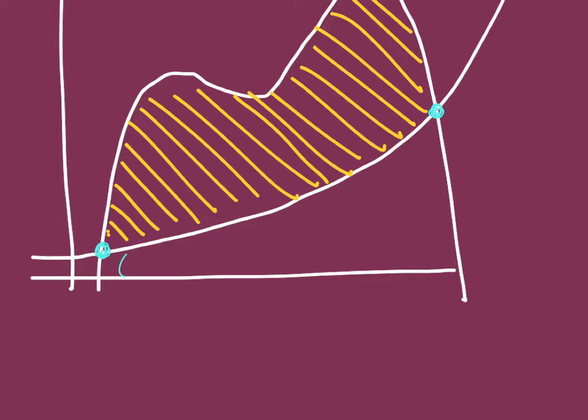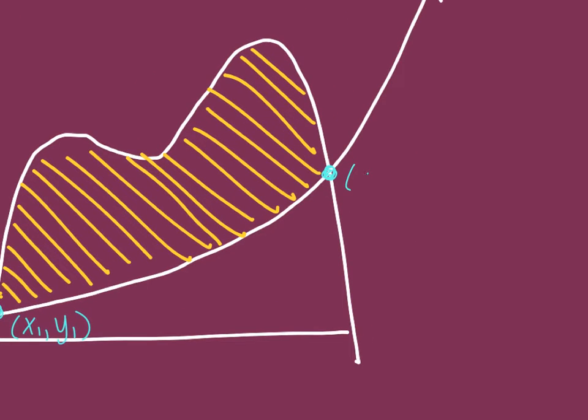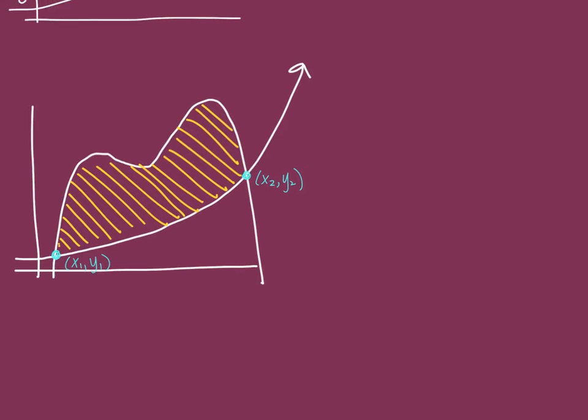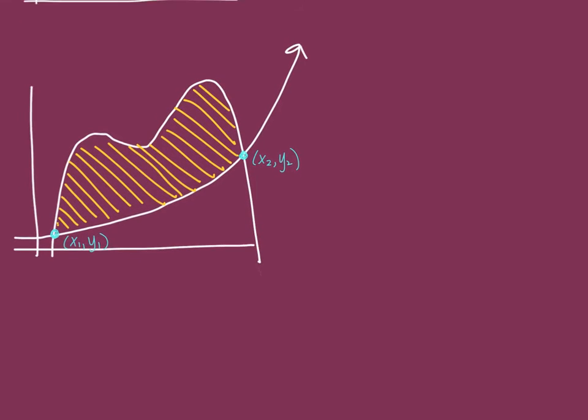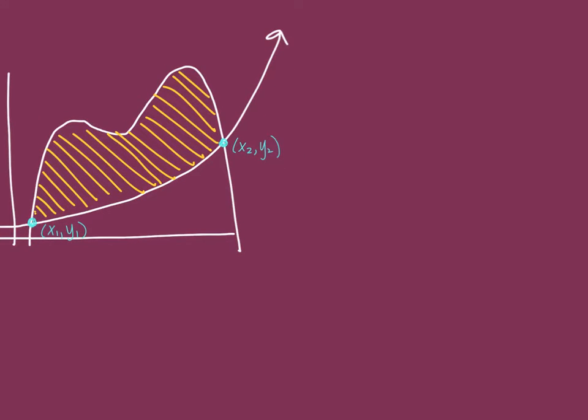Let's call this one x1, comma, y1, and let's call this one x2, comma, y2. Now you can express this area in two different ways. You can either use the x values or you can use the y values. Let me show you how you would write that.